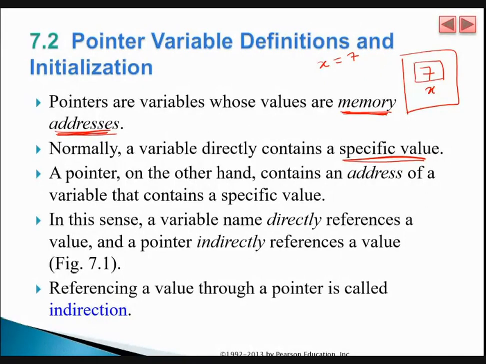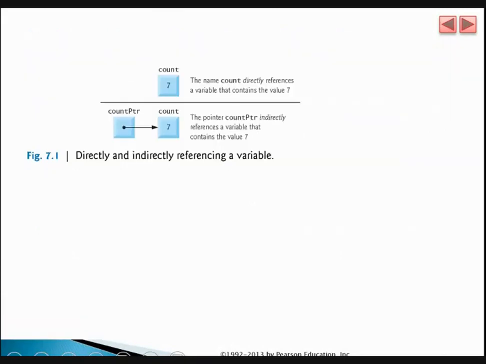Okay, so let me give you a diagrammatic representation, right? Here count is a variable which will store 7. The count variable directly refers to a value which is of integer type. Now count pointer, count ptr, is a variable which is indirectly referring to 7.